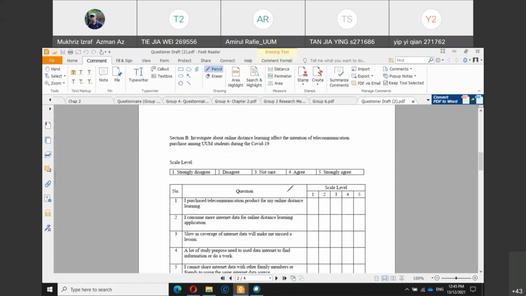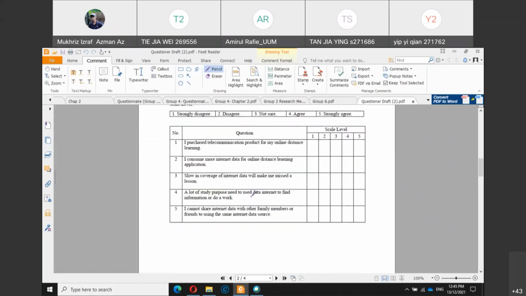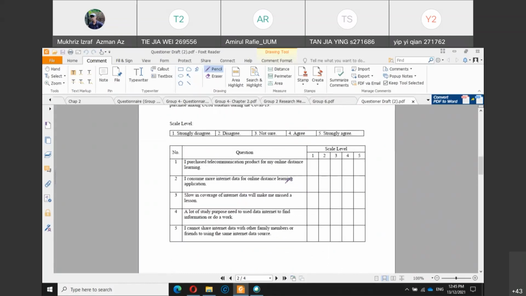So you cannot find any example from past theses that discuss this topic? Yeah, we cannot find any research about this. We only found ones related to other things.